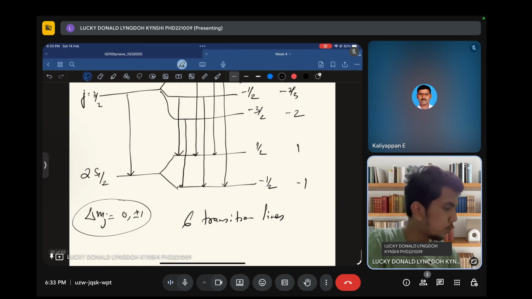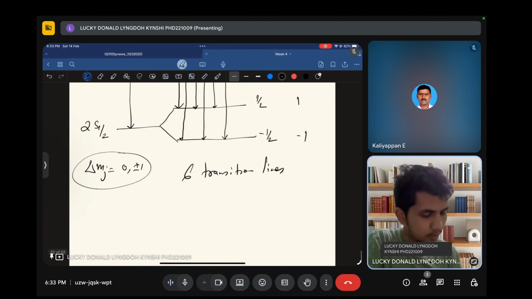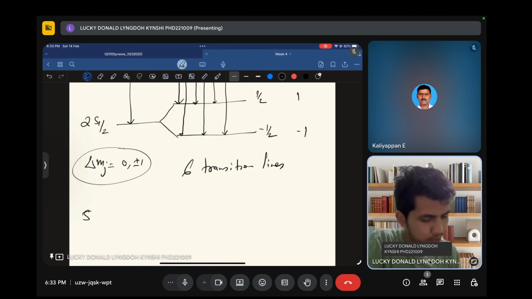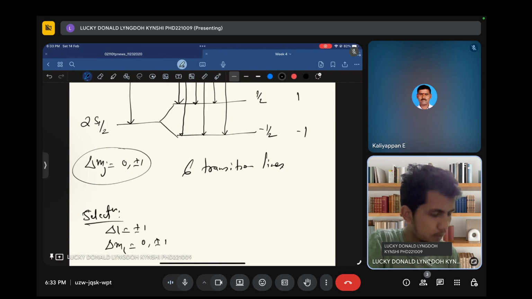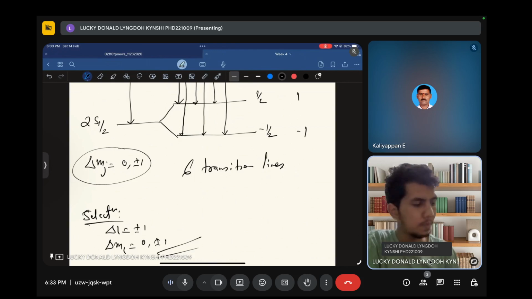So according to this question, I think that is enough. And remember the selection rules: delta L is plus minus 1, delta ML will be equal to 0, plus minus 1. I think I will have one more question to solve from this week 4 assignment.